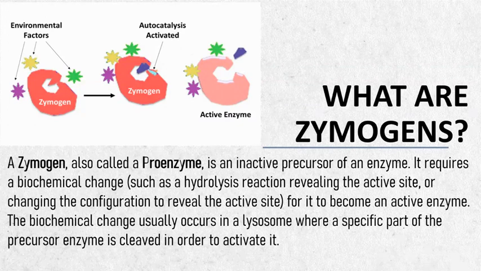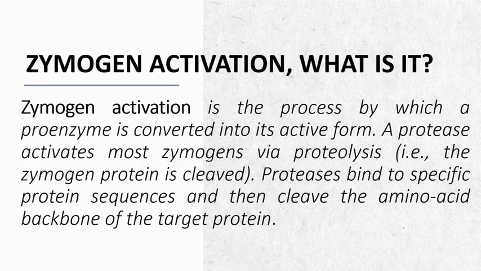Everything we do is to make this enzyme active, otherwise the enzyme will be inactive, and even though present, catalysis will not take place. So zymogen activation is the process by which these proenzymes, or zymogens, are converted from the inactive form to the active form. And this is done mostly by proteases.